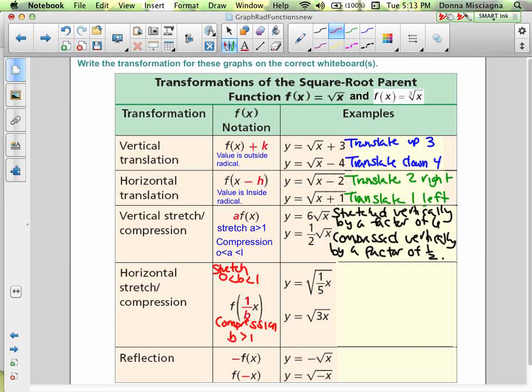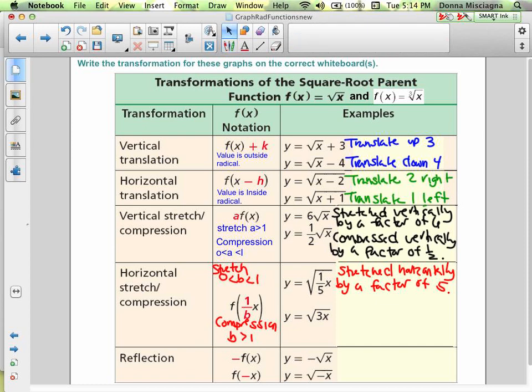Here we have y equals 1/5 x. That is going to be stretched horizontally by a factor of 5, because it's going to take values that are 5 times as large. Notice that's a reciprocal, because it's the b.